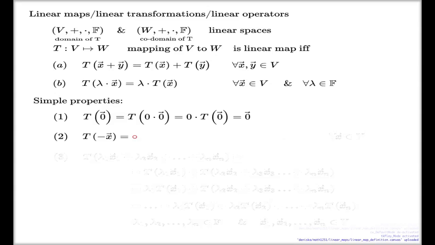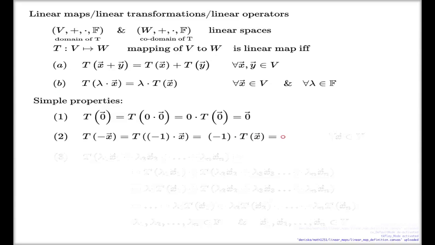It goes like this. The linear transformation of the negative of a vector, we can always modify the negative of the vector into the product of the scalar -1 and the original vector x. Then I can use the property b of my linear transformation, this one, and factor out -1. That will give me something like this.